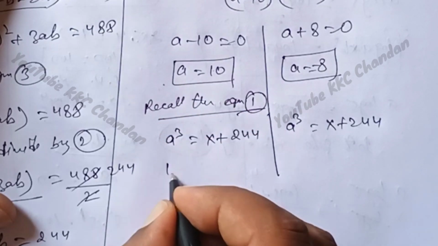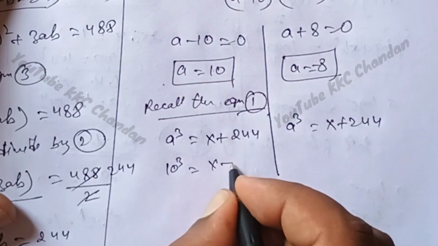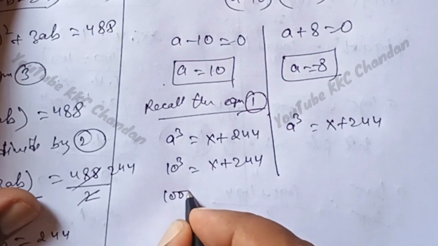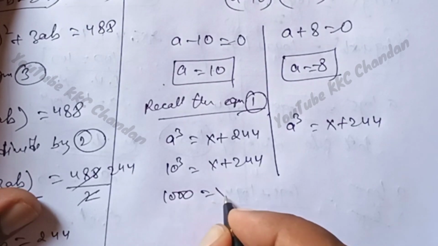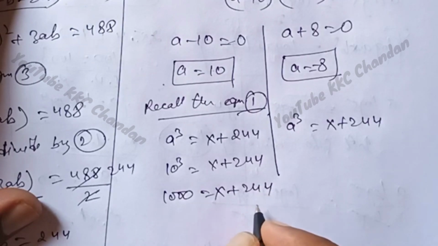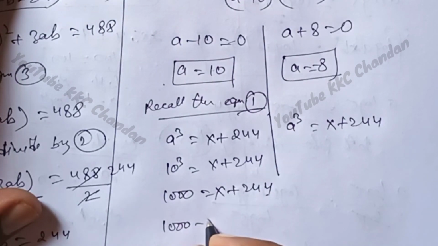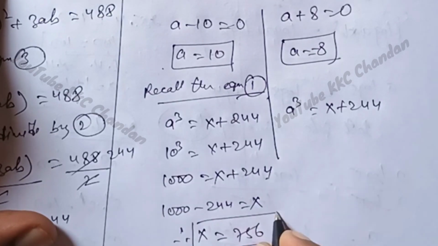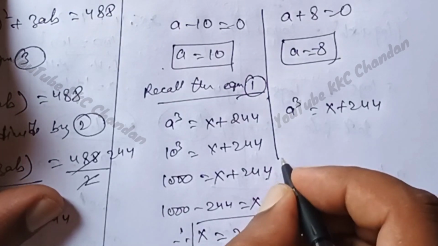A value 10, 10 cube is equal to x plus 244. 10 cube means 1000 is equal to x plus 244. This 244 comes this side: 1000 minus 244 is equal to x. Therefore x is equal to 756. Here the x value is 756.